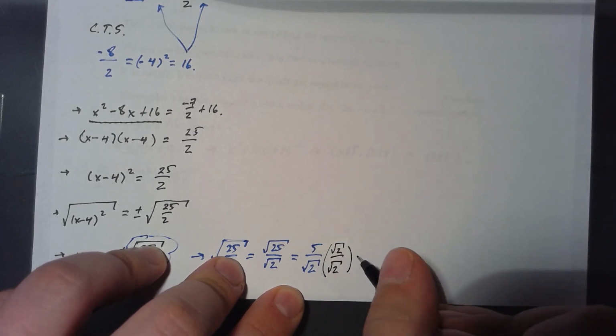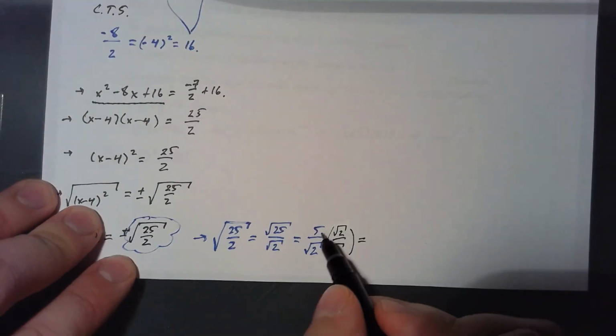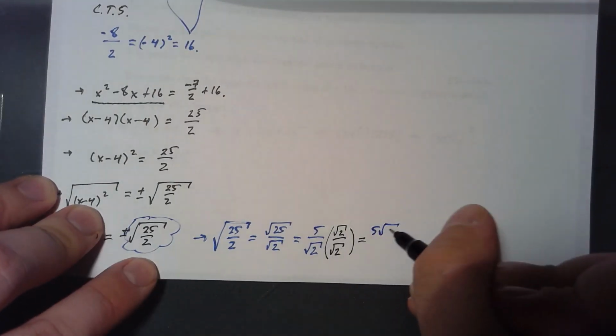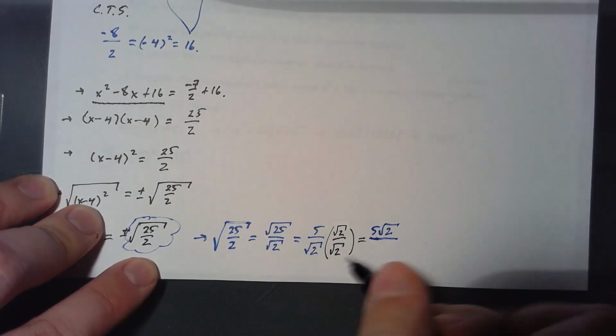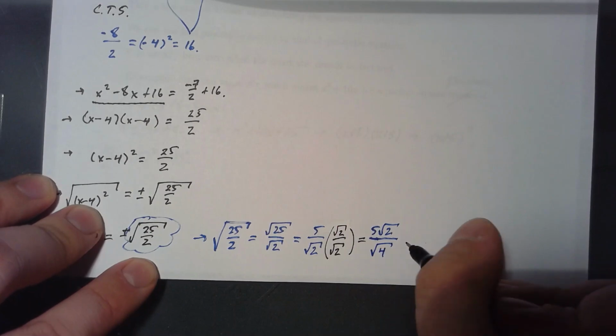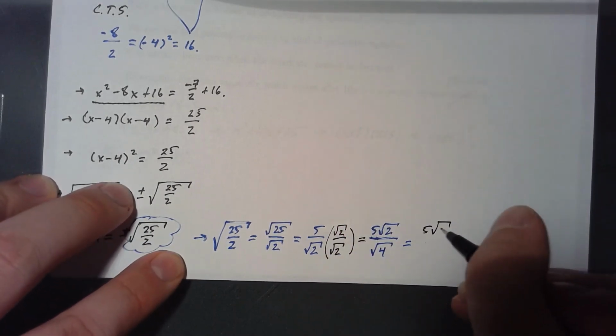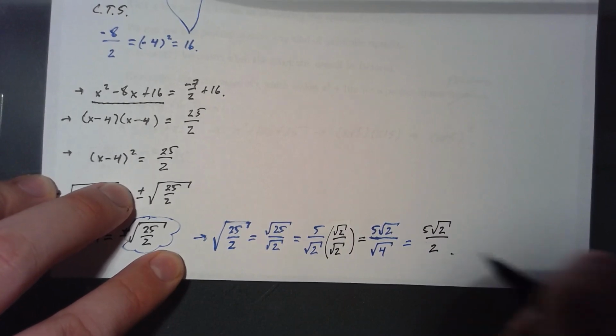We did that in the first section in chapter 7. Multiply across. So you get 5 root 2 all over the square root of 2 times the square root of 2, which is the square root of 4, which is 2.